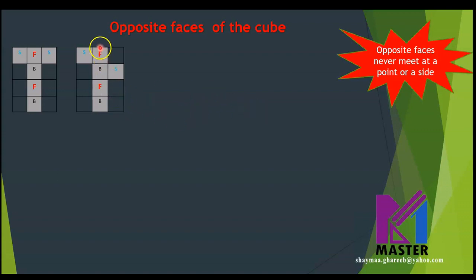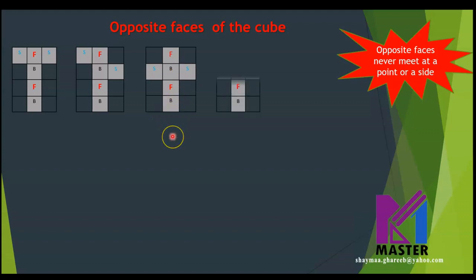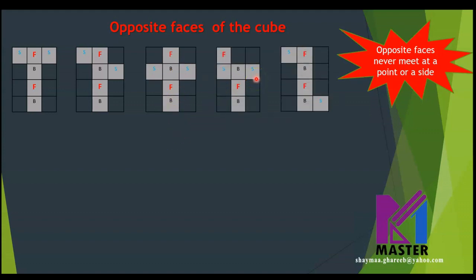Is this clear? So if I started from this column, I will say that this face is opposite to this one, and this one is the opposite of this one, which means these 2 are opposite to each other. I will do exactly the same with this one and this one and this one.